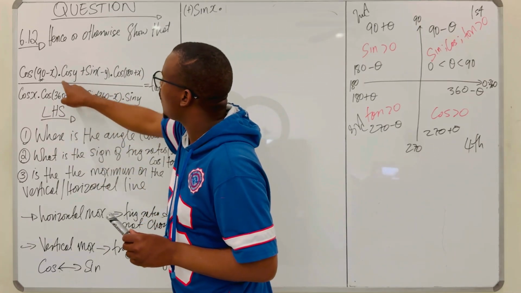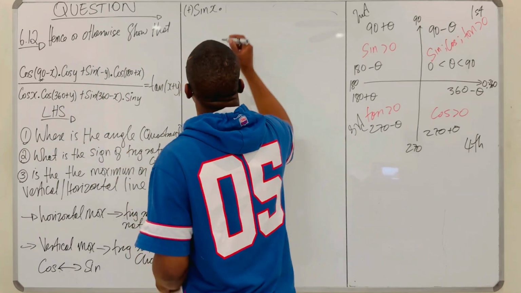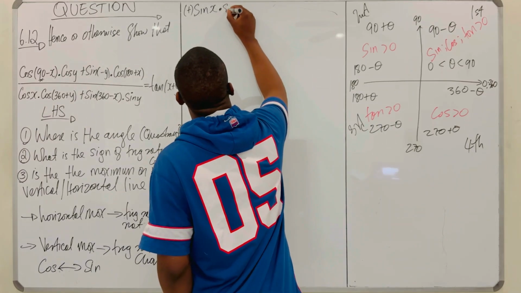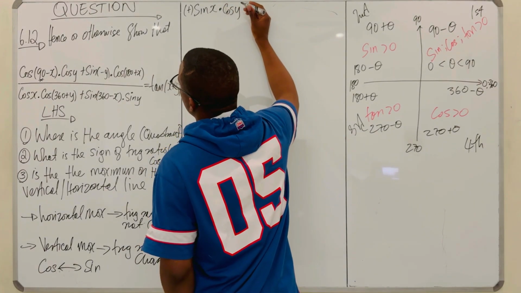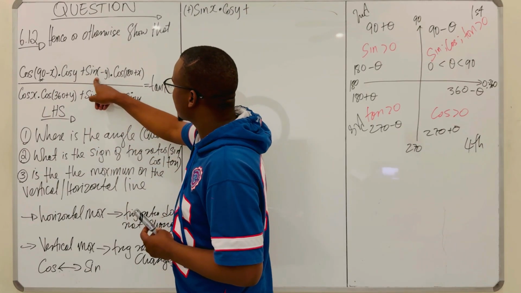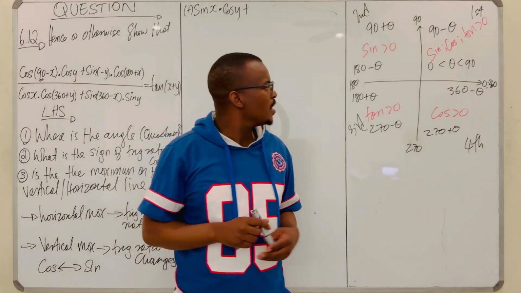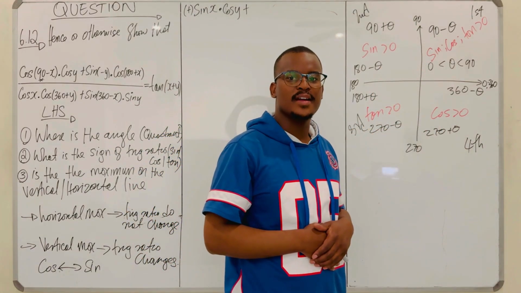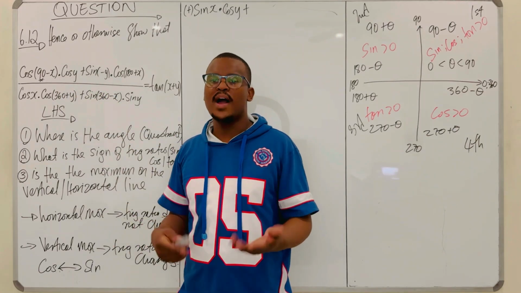Cos y is already in its simplest form, so you don't have to do anything there. So you just say cos y, plus sine minus x. Oh, sorry, sine minus y. Where is minus y? If you look here, there's nothing about minus y. So I'm assuming your x's and y's are positive.